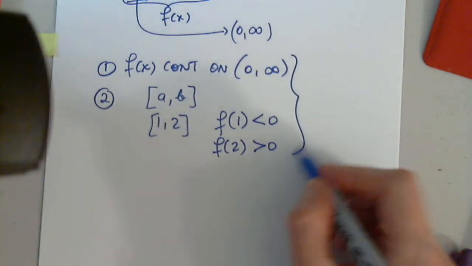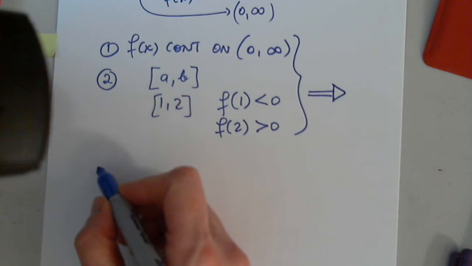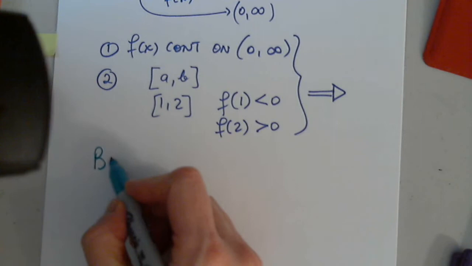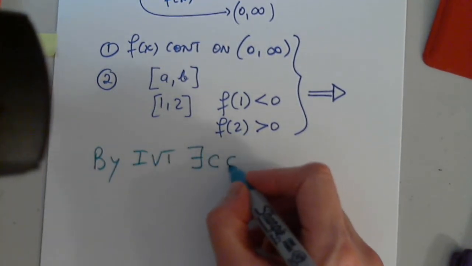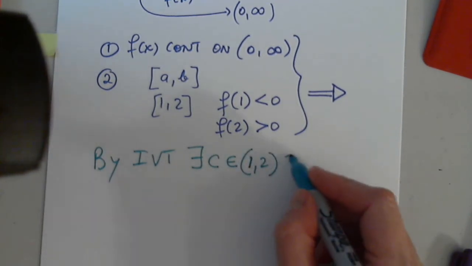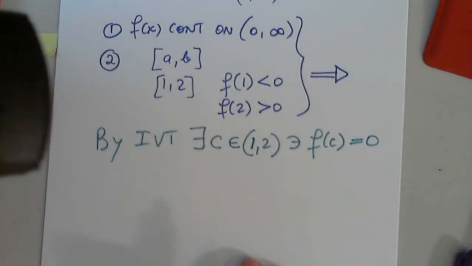So from these, what do we conclude? Will you get us started? What do we conclude? You can conclude that there is a c that is going to be equal to 0. By IVT, there must exist a c in the open interval 1, 2 such that f of c is 0.